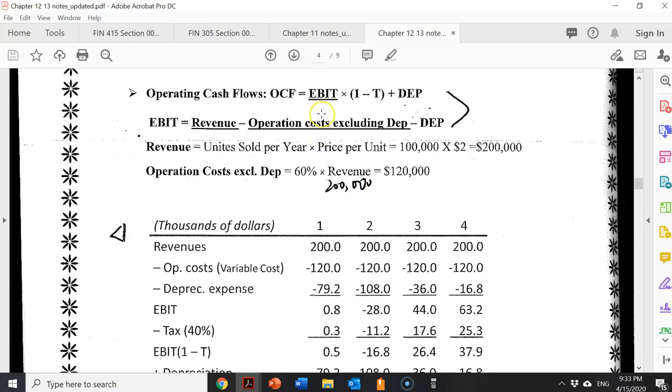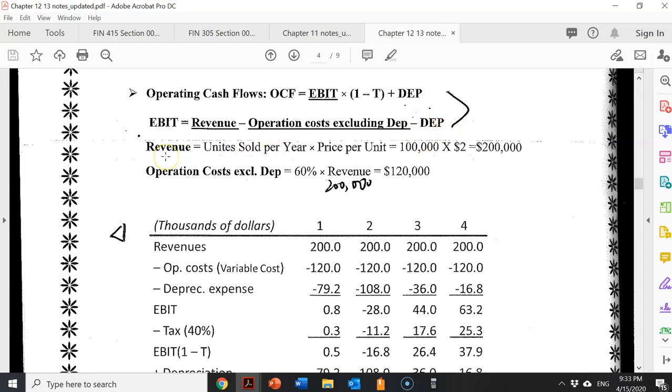Our operating cash flow is the EBIT multiplied by 1 minus T, plus depreciation. And the EBIT can be calculated as revenue minus operation costs excluding depreciation, minus depreciation.